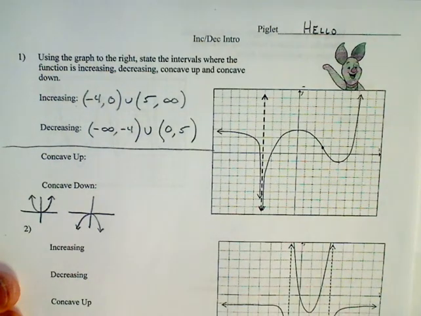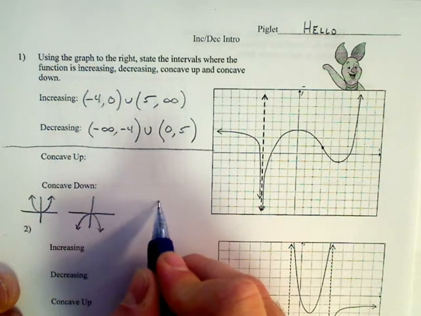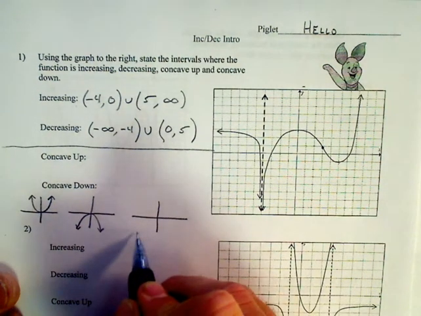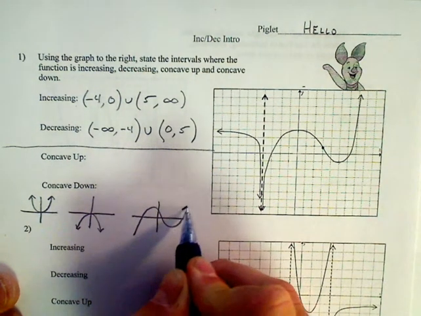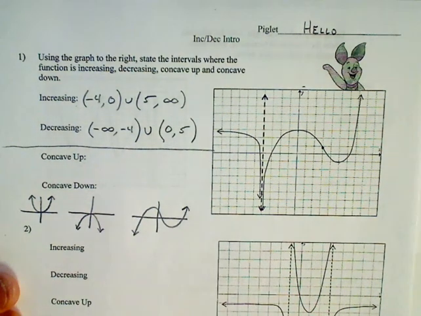That is concave down. Which means if I throw a cubic type curve in here, something like this, it's what? It's both. There's a concave up and a concave down section in that. I've basically combined these two graphs.